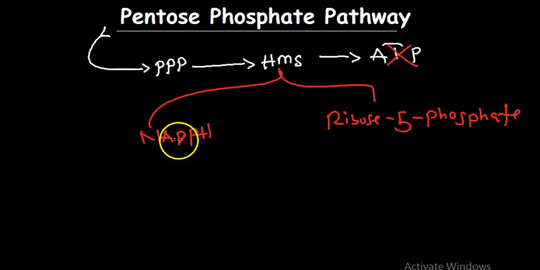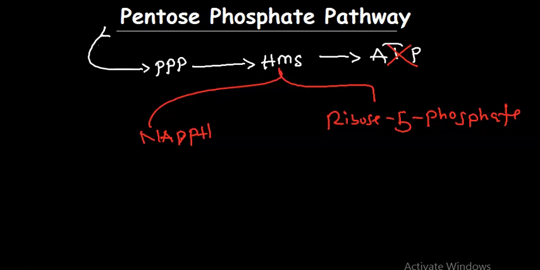Notice that the NADPH is essential for biosynthesis reactions and protecting the cell from oxidative damage, while the ribose 5-phosphate is necessary for nucleotide and DNA synthesis.